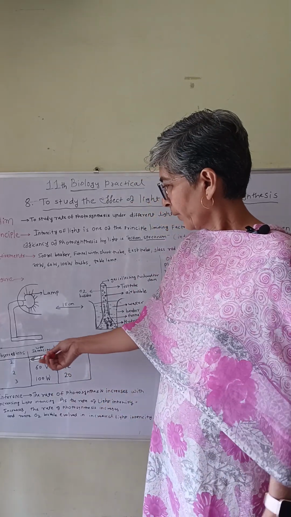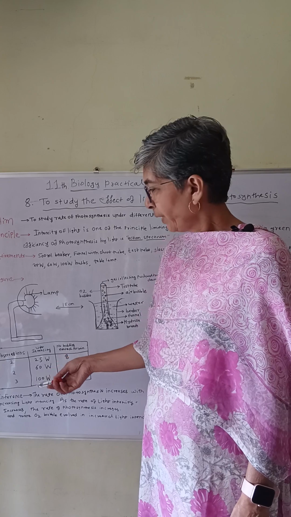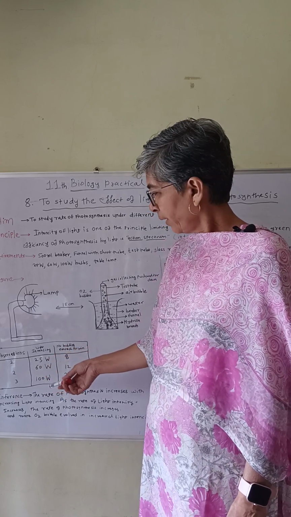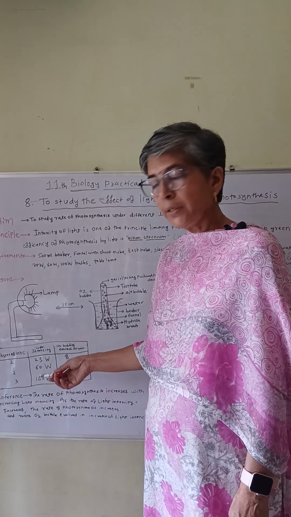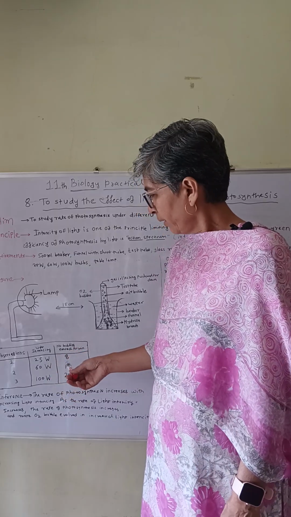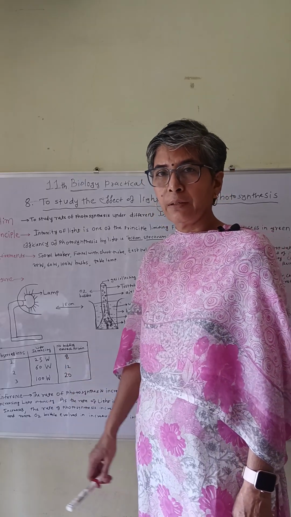See here, this is the observation table. We put the readings per minute under different intensities of light, 25, 60 and 100. We get these readings: 8, 12 and 20.